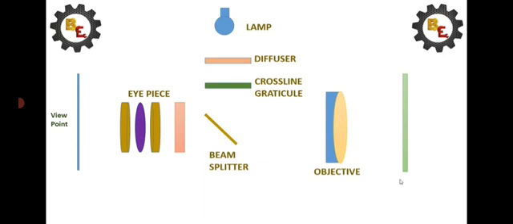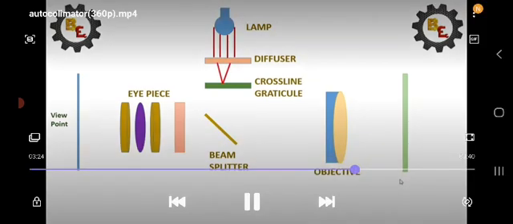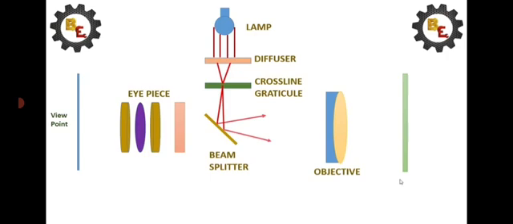Now the light waves will be projected from the lamp. It will be projected on the diffuser, and it will converge on the crossline graticule. The light waves will diverge from the reflector point, and these light waves are projected on the objective via the beam splitter.